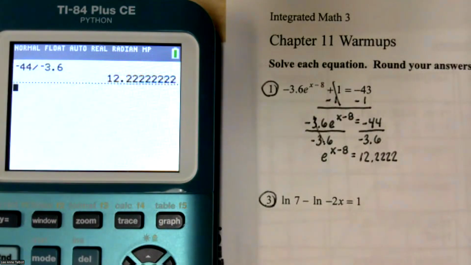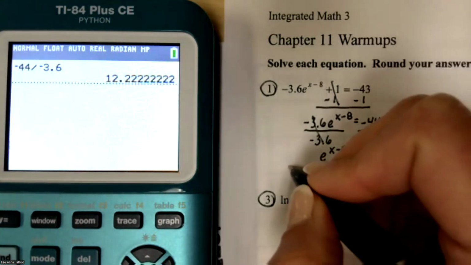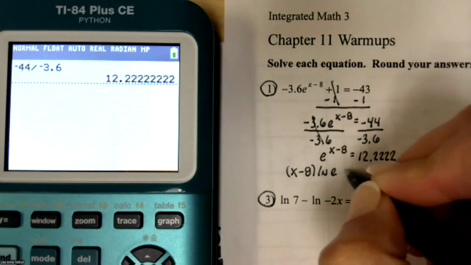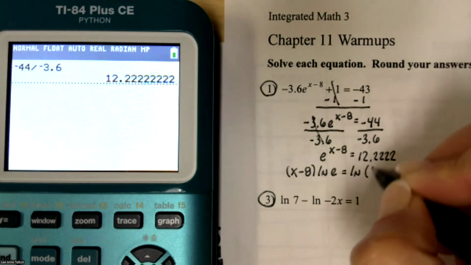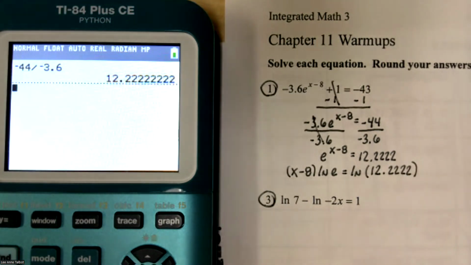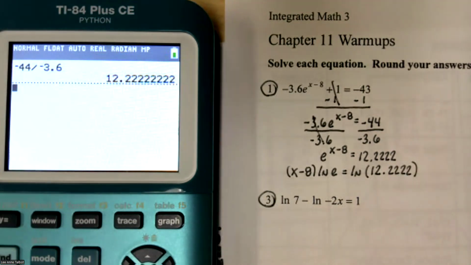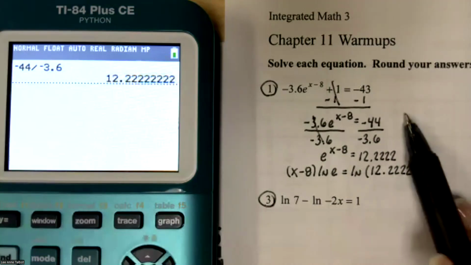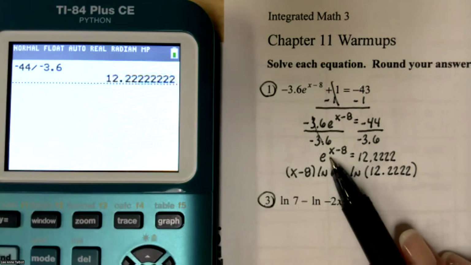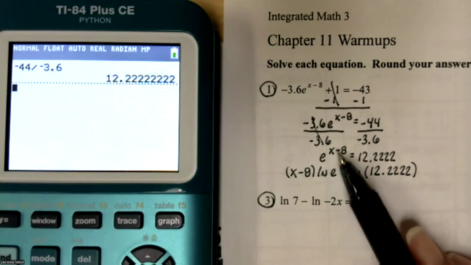I really thought that there was going to be something better for me after dividing that, but apparently that's no. So I subtracted 1, divided by -3.6, got e by itself.